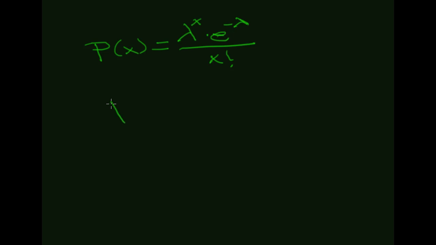So what is lambda? Lambda is the mean, or the expected number of times this event will occur over an interval.